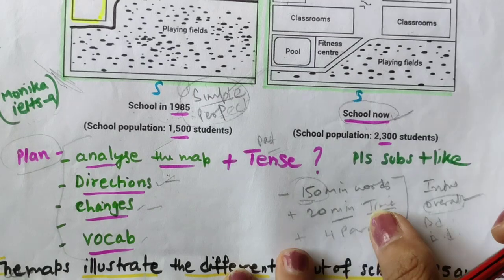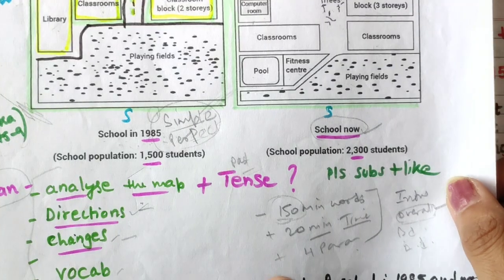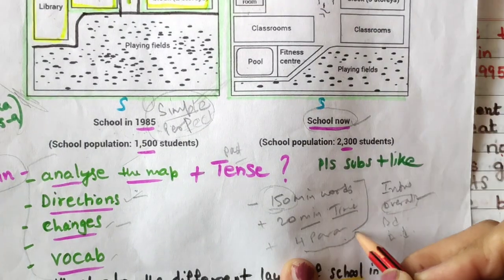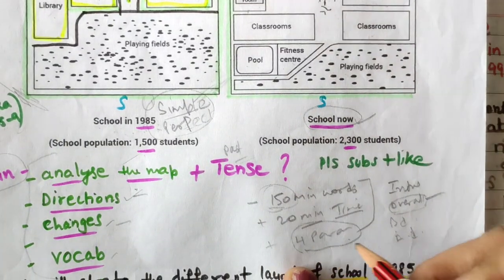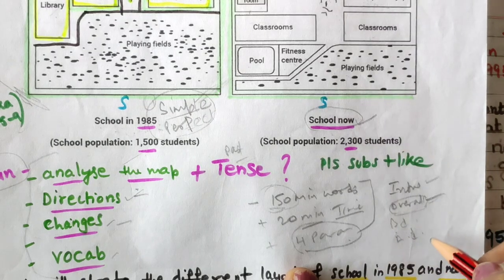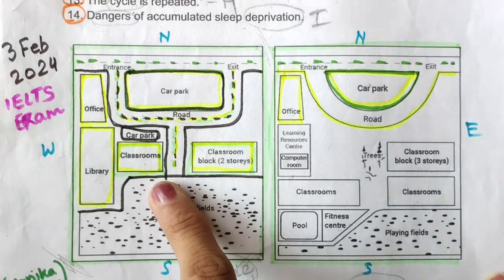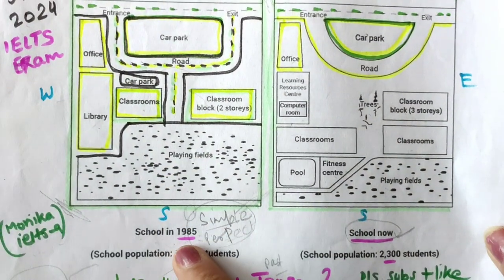After 20 minutes, as I told you, planning is important, and 4 paragraphs if possible, otherwise 3 paragraphs will come. First introduction, then overall paragraph, then body detail 1 and body detail 2. In body detail 1 we will discuss about old 1985.